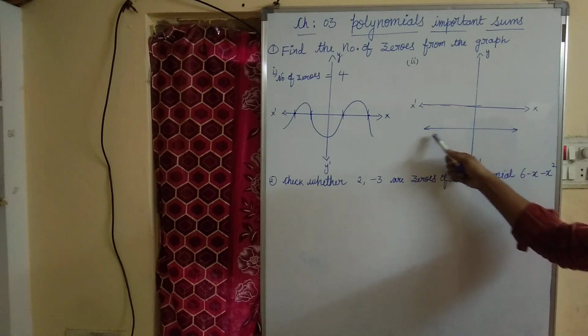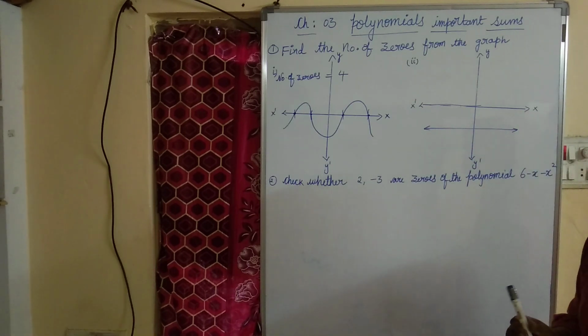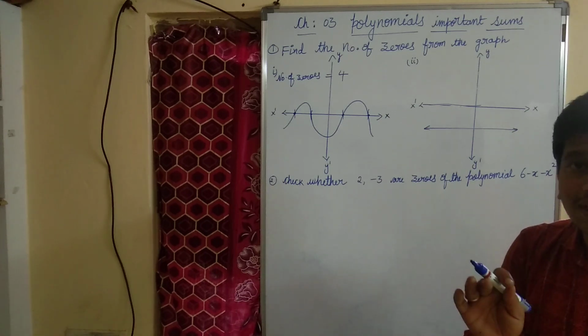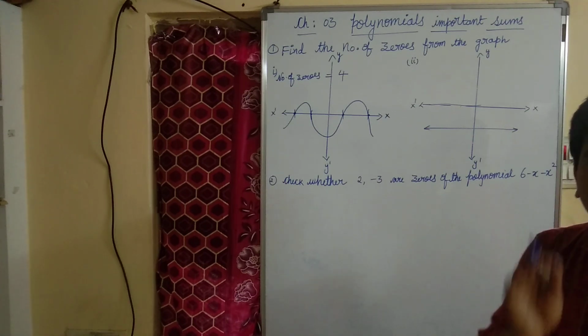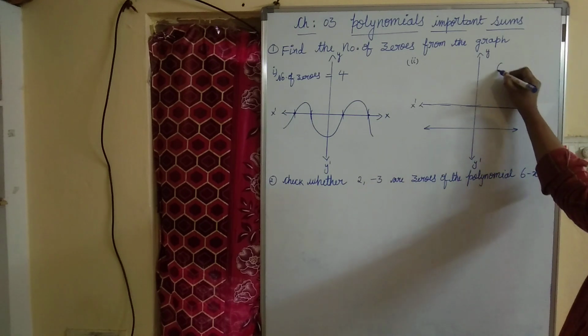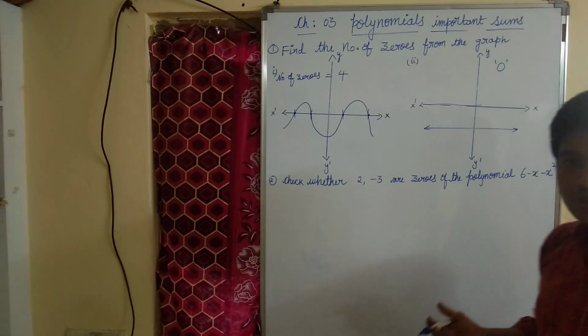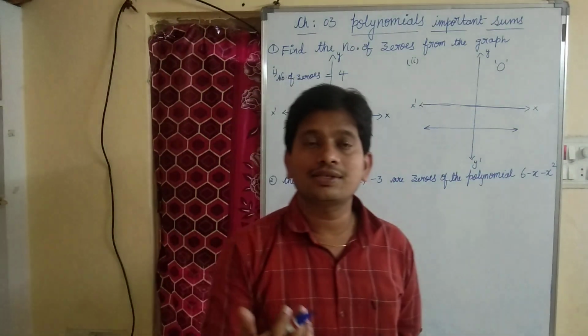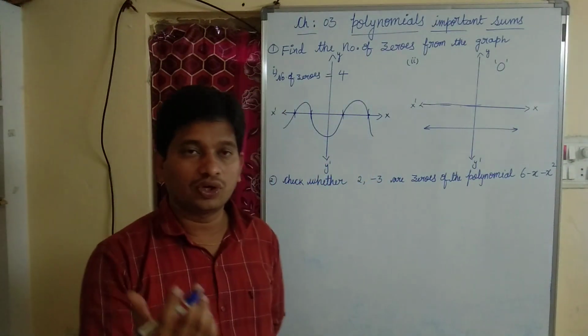This graph, which is actually a straight line parallel to the x-axis, is not intersecting the x-axis at any point. Therefore, the number of zeros is 0. There is no intersection point, hence the number of zeros is 0 only.